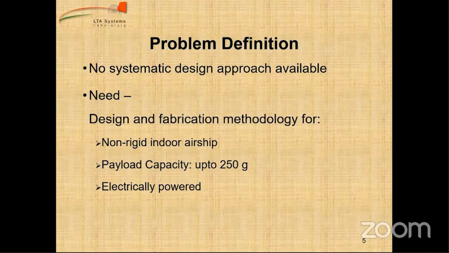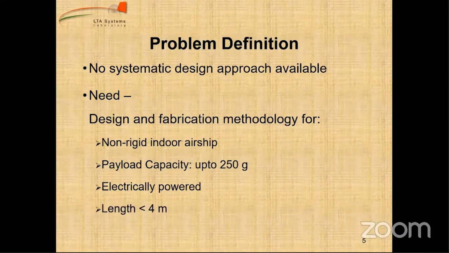So this will give us decent control over its controllability. Okay, so we can control the electric motor very efficiently. So that's why I would recommend that we use electrically powered motors on our airship as the propulsion system. So we can get the required thrust with the help of electrical motors.